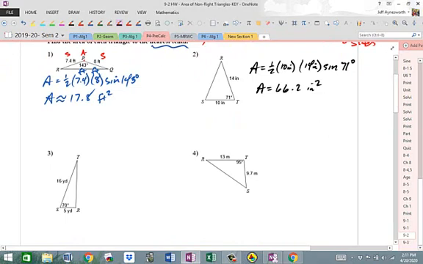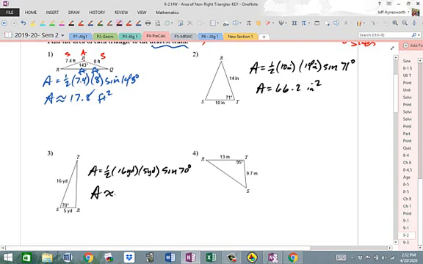Whenever you have a side angle side condition, this formula is used, especially when you're not dealing with right triangles. So it's 1/2 times 16 yards times 5 yards times the sine of the included angle, 70 degrees.